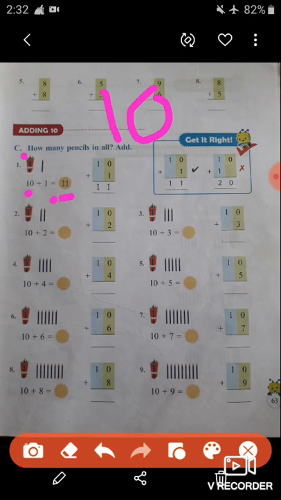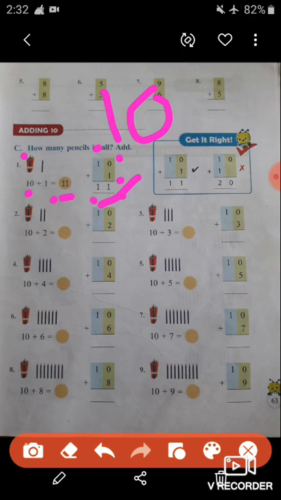Now you have to also add this in vertical form. Here at ones place 0 and 1. So first of all we have to add 0 and 1. So we get 1 at ones place. Now at tens place 1. So students, below nothing is given, so here 1. So the answer will be 11.